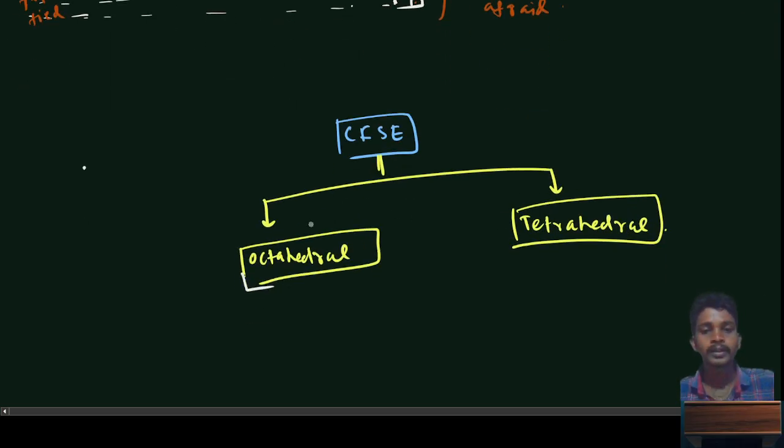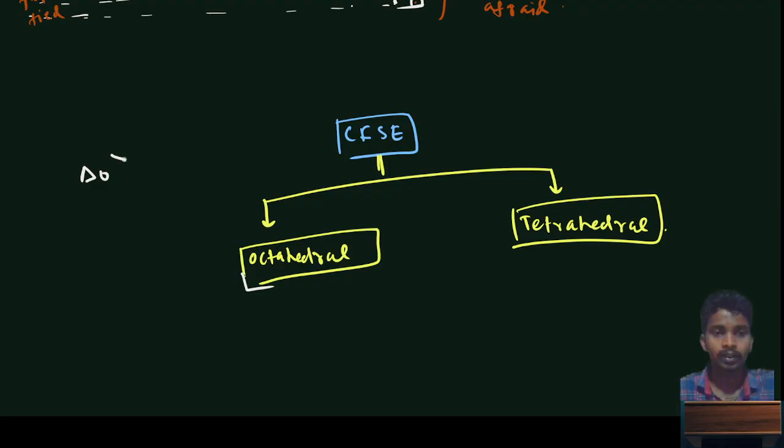And what is found is that octahedral delta naught is always greater than delta T. The relationship between octahedral and tetrahedral is delta T equal to 4/9 delta naught.